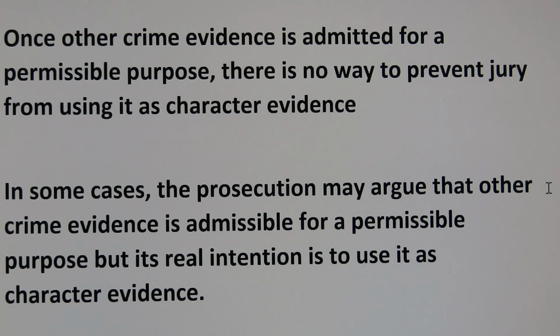If the jury would come to the conclusion the defendant is a bad person, that would make it easier for the prosecution to obtain a guilty verdict. So that is sometimes the calculation of the prosecution.